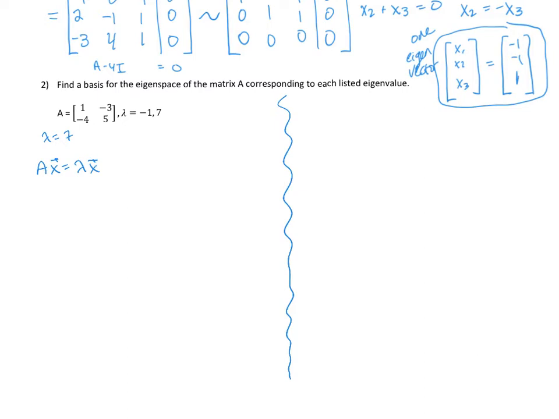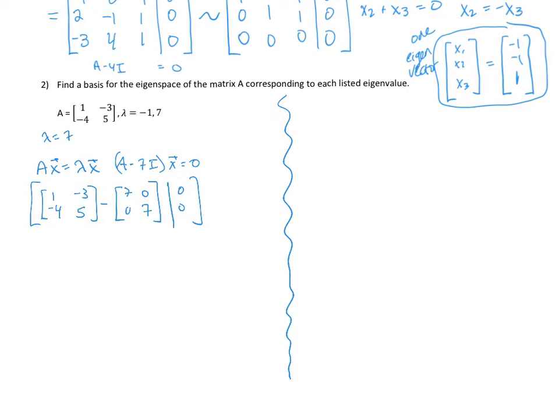So A is 1, -4, -3, 5. And I have to subtract 7 times the identity. So 7, 0, 0, 7. And I'm going to augment that with 0, 0. That's solving A minus 7I times x equals 0.